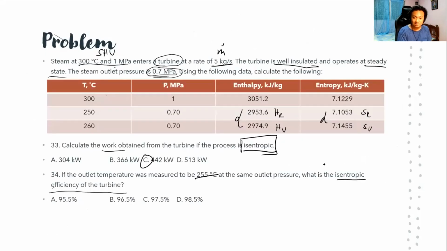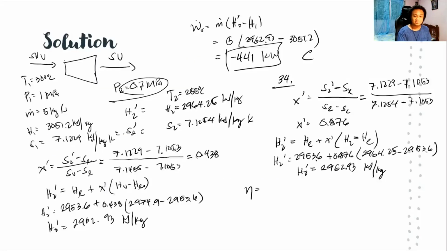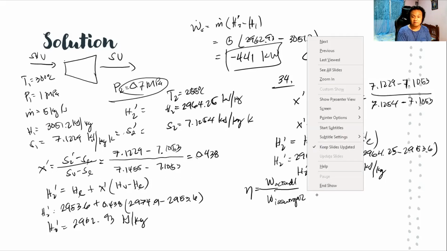So you will get the efficiency, the isentropic efficiency of the turbine. So the isentropic efficiency of the turbine is equal to the work at actual conditions over the isentropic shaft work. Then just multiply that by 100 later.